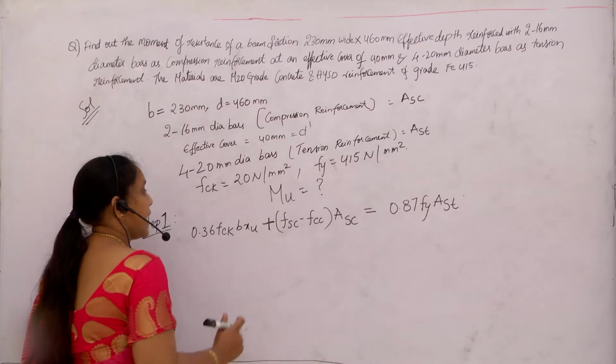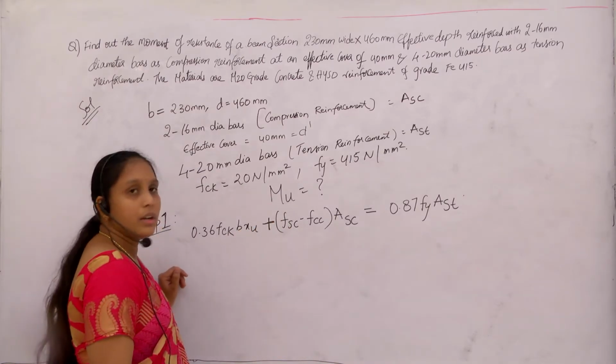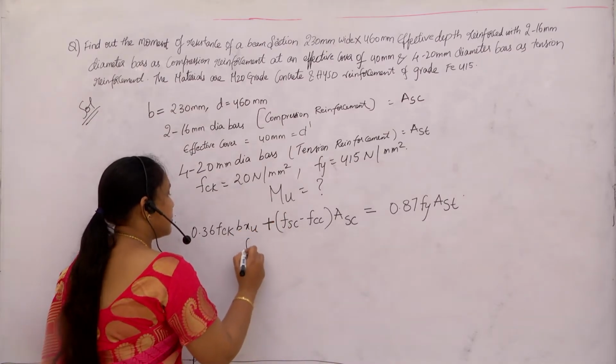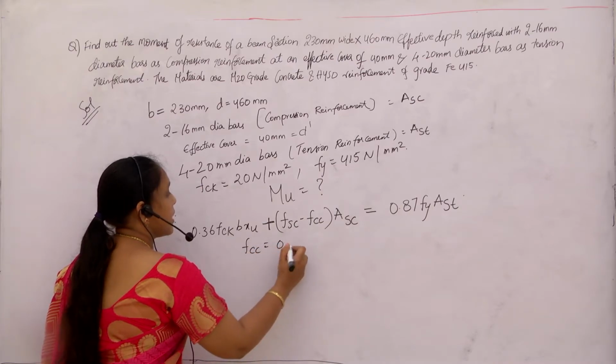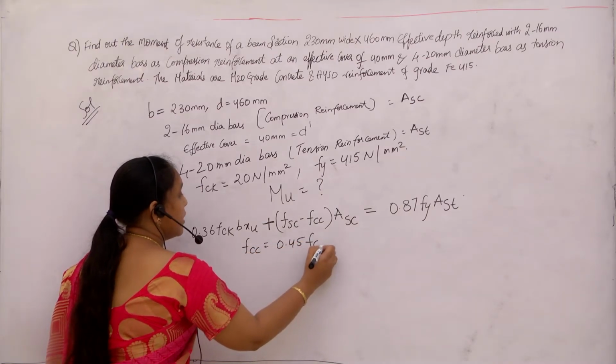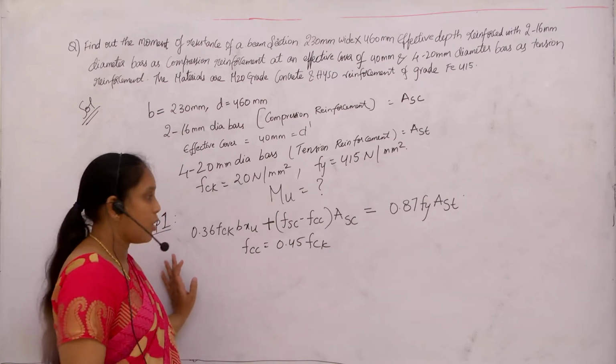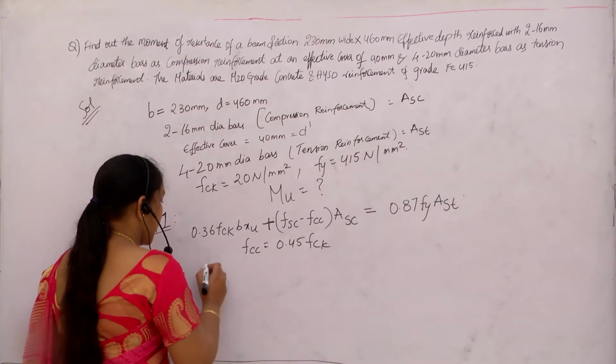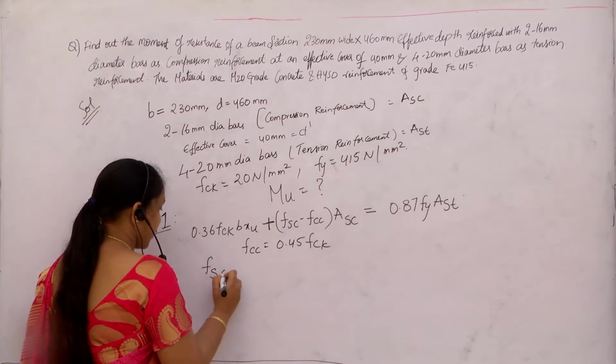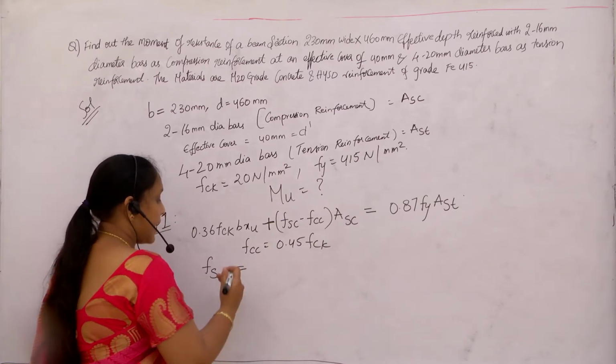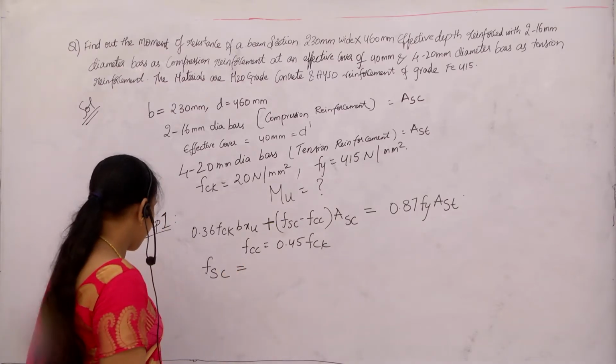Now first let us find out the fsc and the fcc values. If it is the fcc value, how will we find it out? It can be found out by 0.45 fck. We can easily find that out. So first we will find out the fsc value. For finding out the fsc value, what is the first step you have to do?